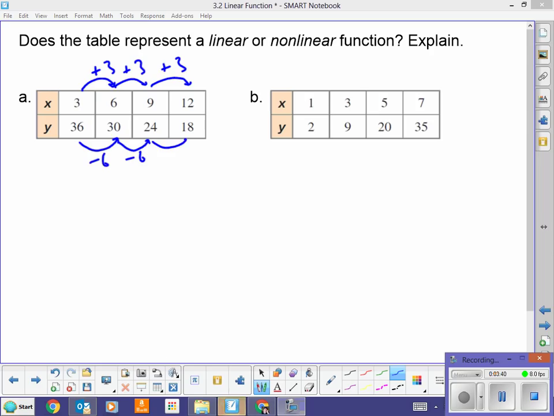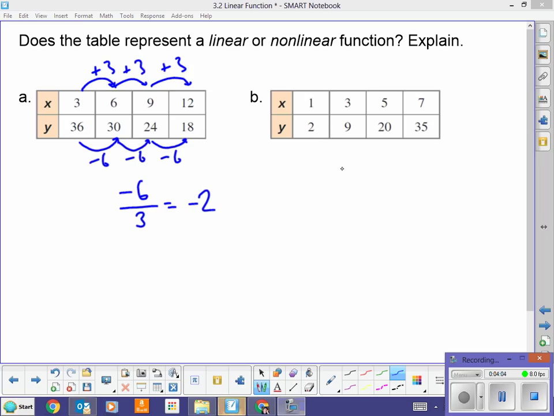And 24 to 18 minus 6. So we have a negative 6 change for every positive 3 change in the x values. So this has a constant rate of change of negative 2. Or again, we call this slope when we refer to the line. We refer to the angle of the line, or how the line is positioned on the coordinate plane.